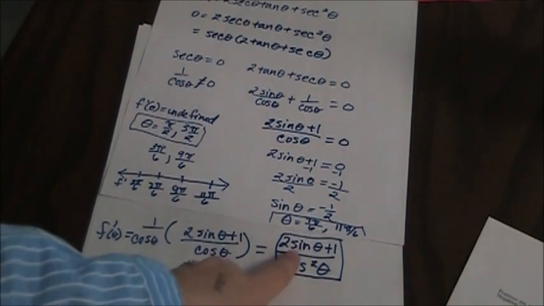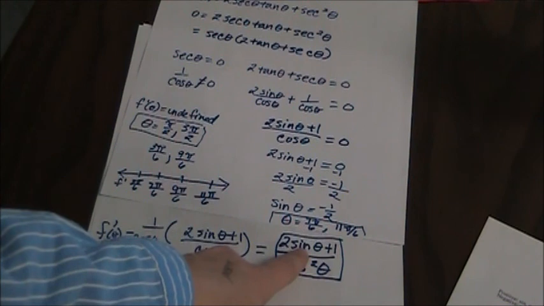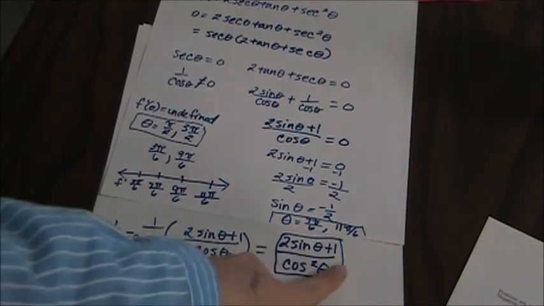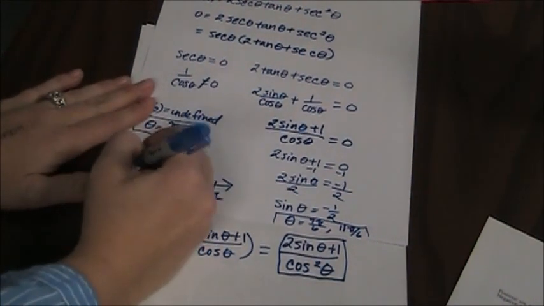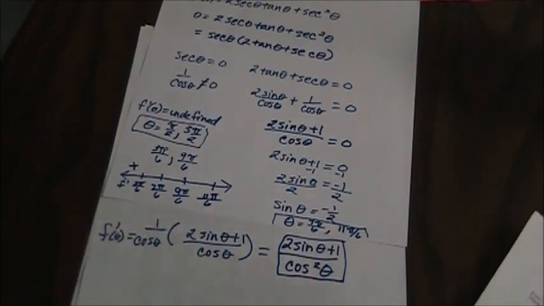So when I evaluate this for some value in the first quadrant, this will be positive and this will be positive. So that means that overall the whole quotient will be positive.